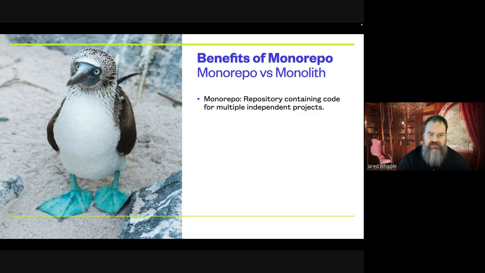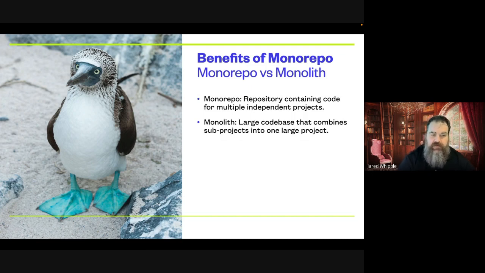It's not just one big mess of code, one conglomeration of code, like a monolith, which is also a very large code base, but everything's kind of divided into sub projects or one large project, and everything's very, very intertwined.